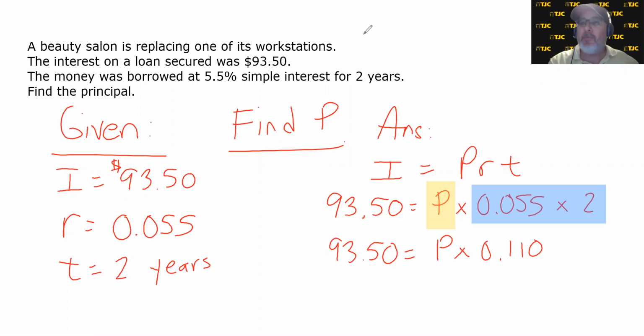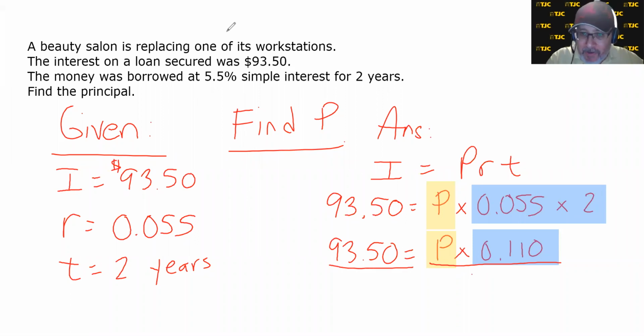You can multiply it if you don't believe me. Our P is still sitting there, and we're just one move away from figuring out what P equals, because we've run across this before. To isolate a letter that has something multiplied to it, we just have to divide both sides. So let's divide both sides by the number that is preventing the P from being by itself, 0.110.